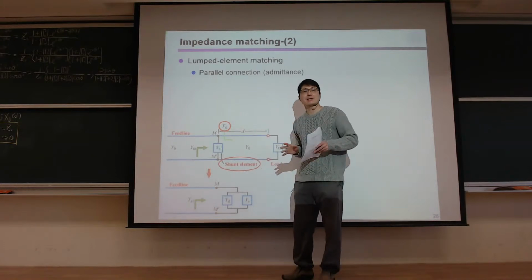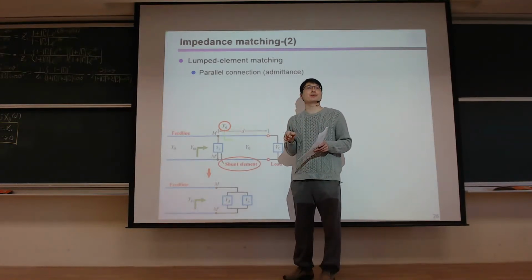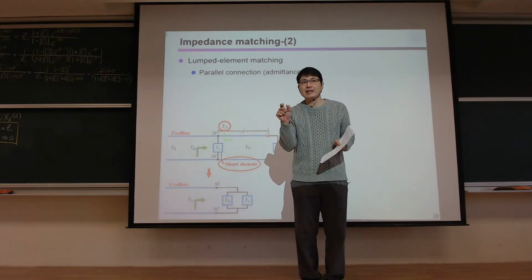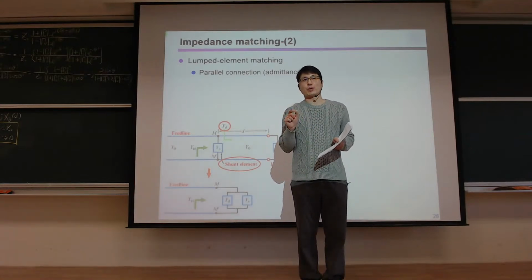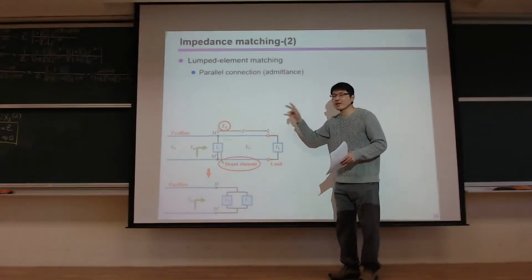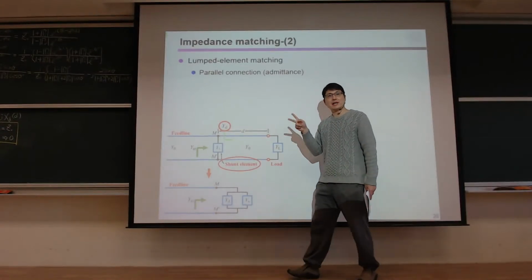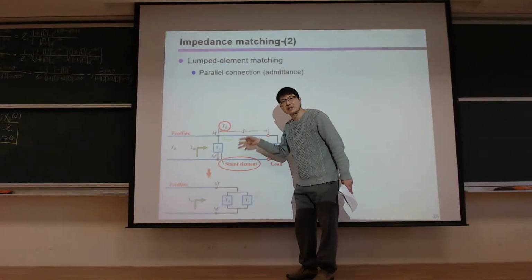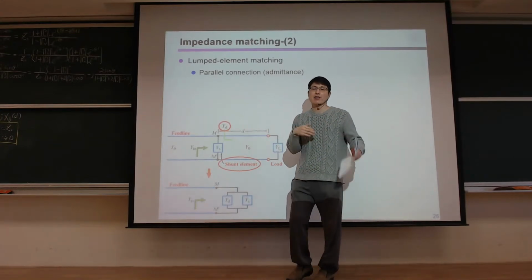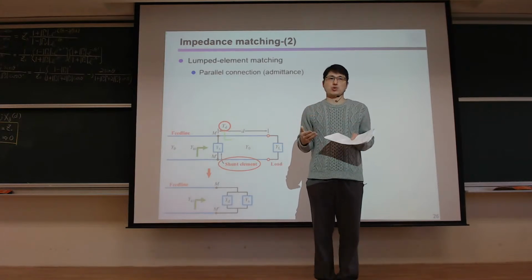To make the imaginary part go to zero. Why? A capacitor will give you a negative imaginary part in terms of its impedance. So we're working everything in parallel, because working in parallel, we don't have to cut anything. We don't need to cut the transmission line, and therefore it's a non-destructive way.